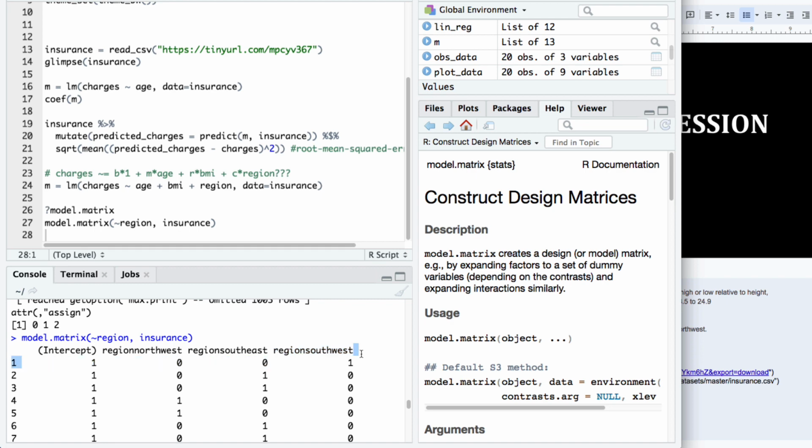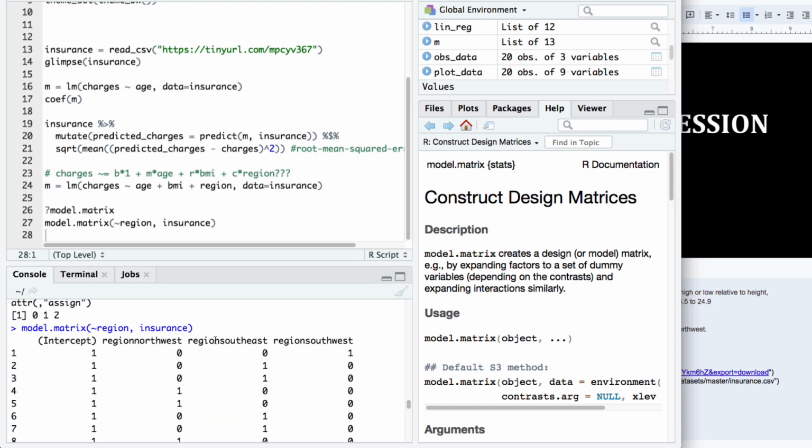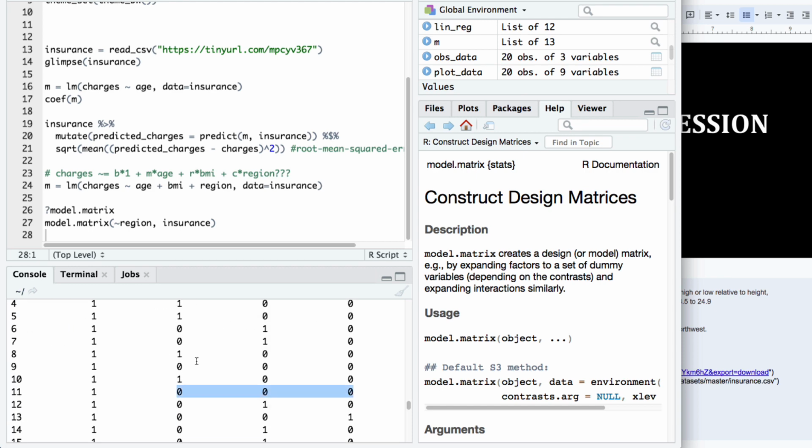If I were to look at the first row of my original insurance data, the region would be southwest. For the second person, their region is southeast, the third person is southeast, and the fourth person is northwest. And then let's find somebody, okay, this person, for example, these ones are all zeros, and we have the one in the intercept. So that person is northeast.